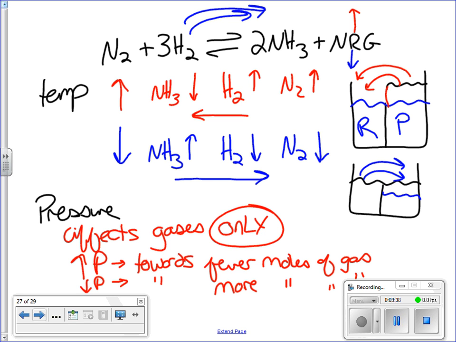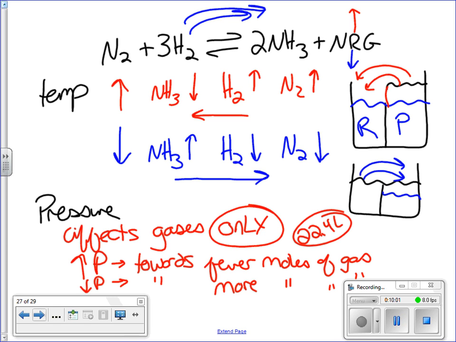Okay? Why does that happen? It happens because the more moles of gas you have, that magic number of 22.4 per mole, the more moles of gas, the more volume. As I increase my pressure, I'm going to take up less volume. So in the case of this reaction, all of these are gases.